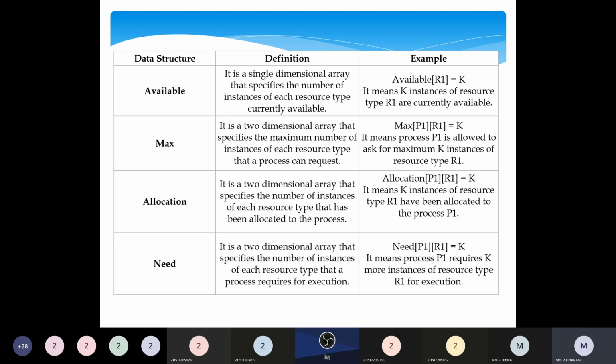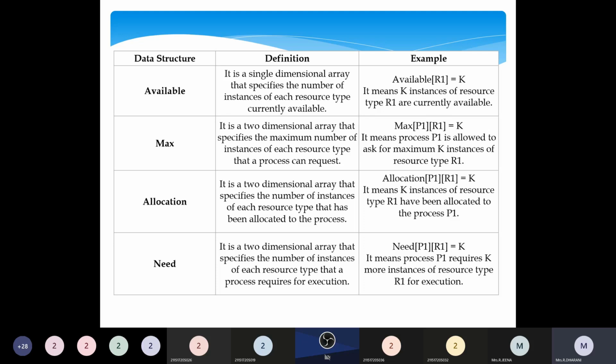And the last data structure is need. It is a 2-dimensional array that specifies the number of instances of each resource type a process requests for execution. Currently, how many instances does a process need? A process may need 10 resources in total, but currently it may not require all 10. It may require 5, and later sometime it may require the other 5.